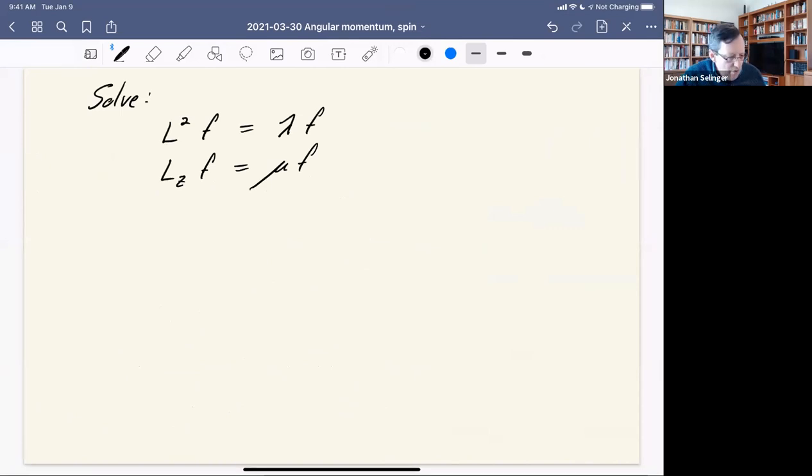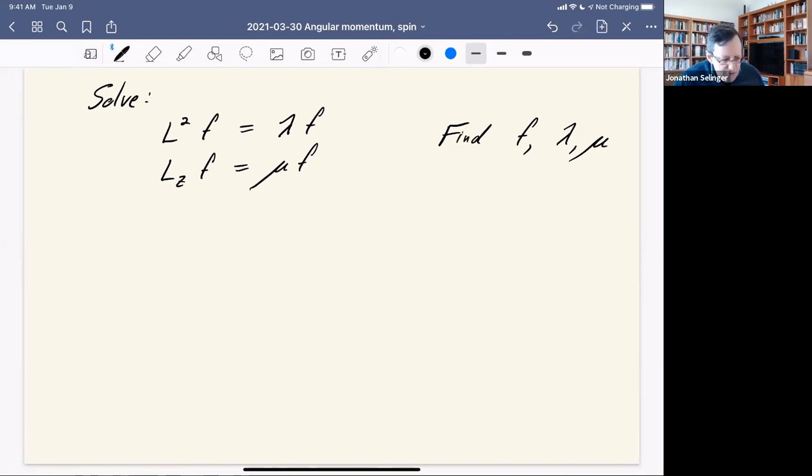This is what we're setting out to do. We want to find all the functions, and both kinds of eigenvalues, the Lz eigenvalues and the L squared eigenvalues.